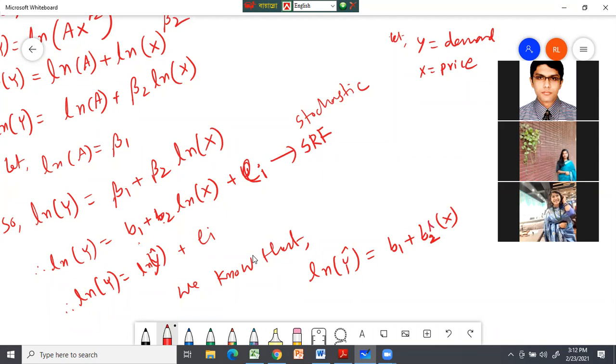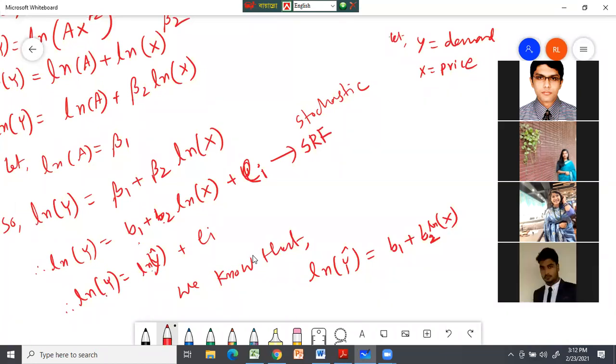Okay. So ln y hat equals B1 plus B2 ln x. So that is replaced here as ln y hat because B1 plus B2 ln x has been assumed to be ln y hat. This is the estimation we will do. And after that, according to our actual value and estimated value, if there is any difference, then we will get the value of our error term, followed by ei. Okay.